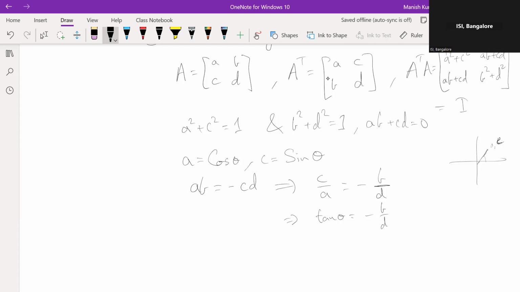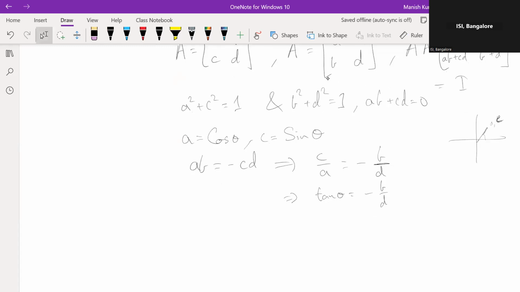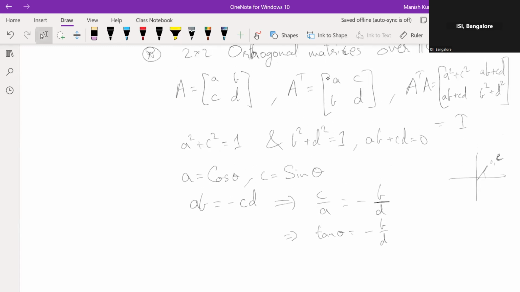What does that tell you? It doesn't uniquely determine it, so there are only two possibilities.